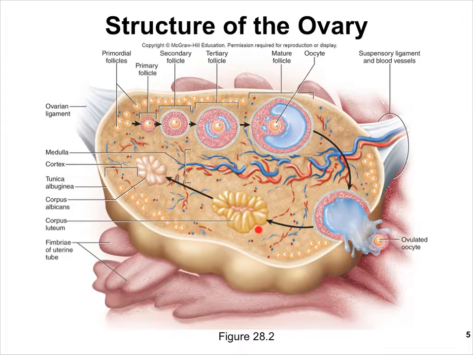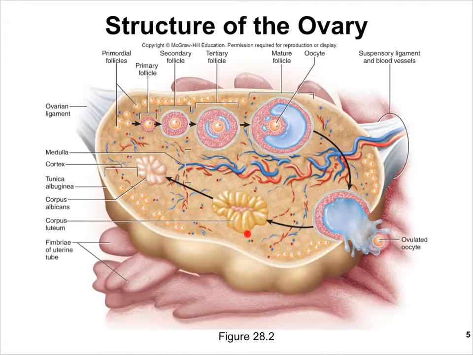The corpus luteum is this shriveled up leftover bit of the follicle. It is maintained by luteinizing hormone, and it makes the hormones that are necessary to maintain a pregnancy until the placenta itself can take over the job.